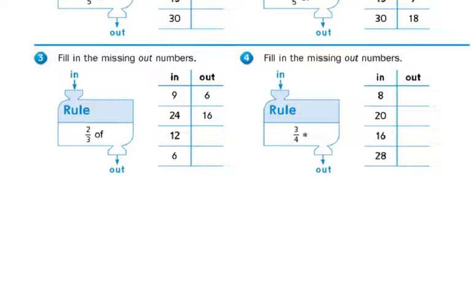Moving down the page, number 3, fill in the missing out numbers. This time we're talking 2/3. So watch, when you figure out 3 times what gives you the in number, we have to multiply it by 2 because we're talking 2 groups.